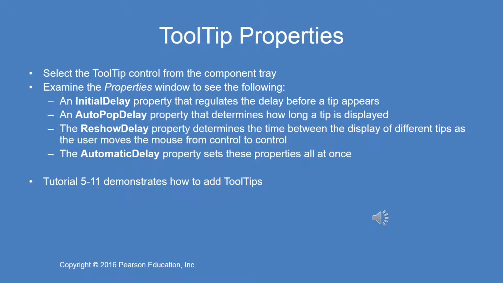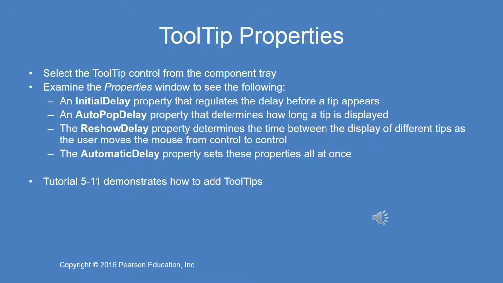This slide lists the relevant properties for tooltips, and you see we have an InitialDelay property that sets the delay before the tooltip appears. So you hover over the control, and then within a matter of seconds, depending upon the delay, the tip appears.